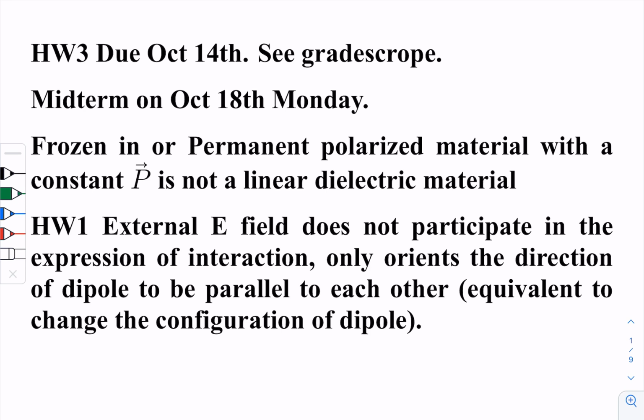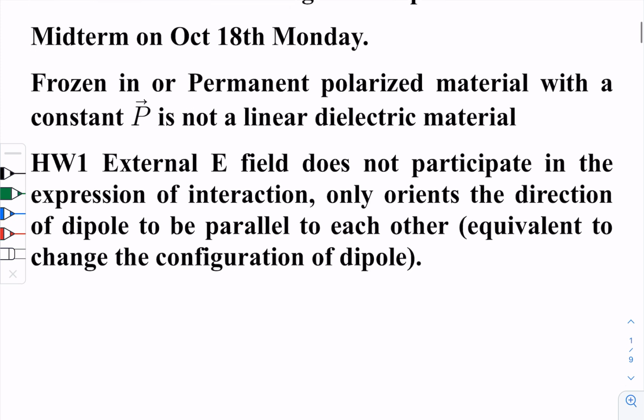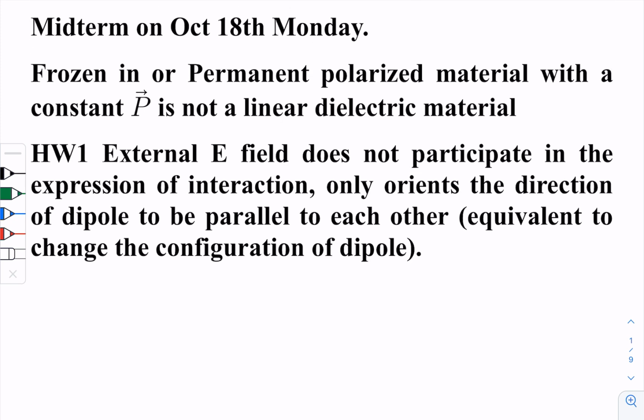And next is the question about homework 1. In homework 1, I asked you to calculate the interaction between 2 dipoles. And in the last 2 questions, I said to apply an external E field. What the external E field does is simply readjust the alignment of the dipoles.